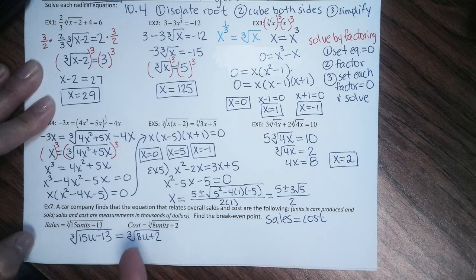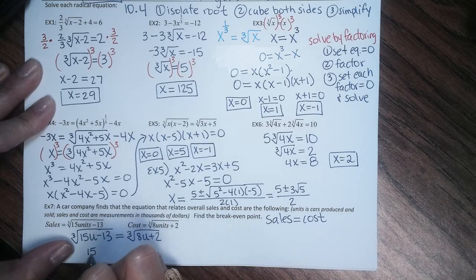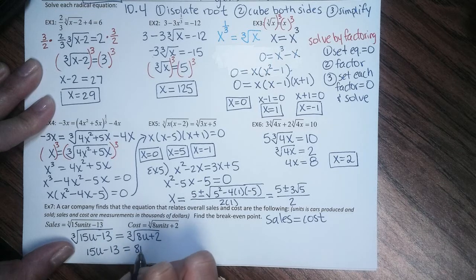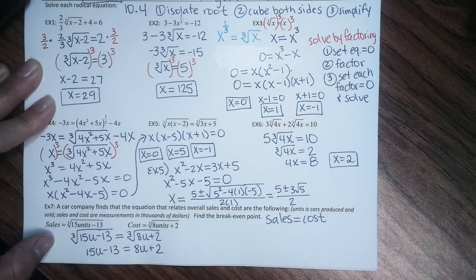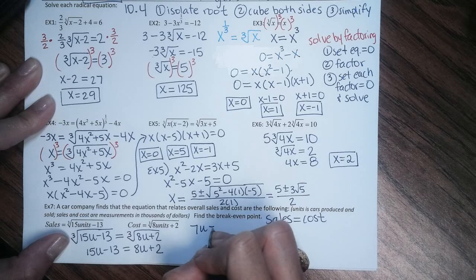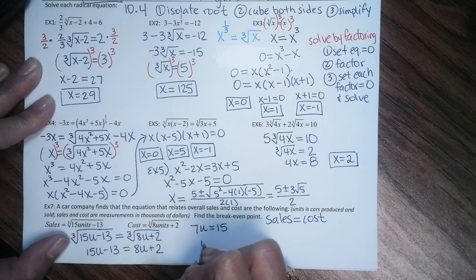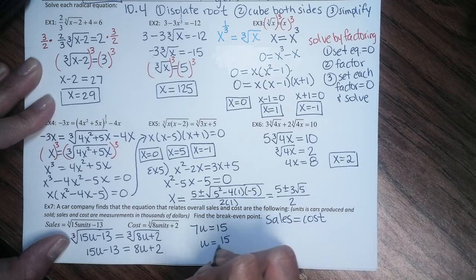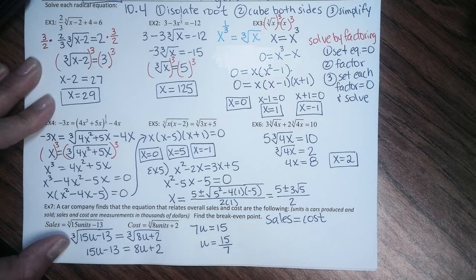So those cube roots were just useless. It's just 15u minus 13 equals 8u plus 2. And now solve for u. 7u equals 15. So I guess the break-even point would be 15/7.